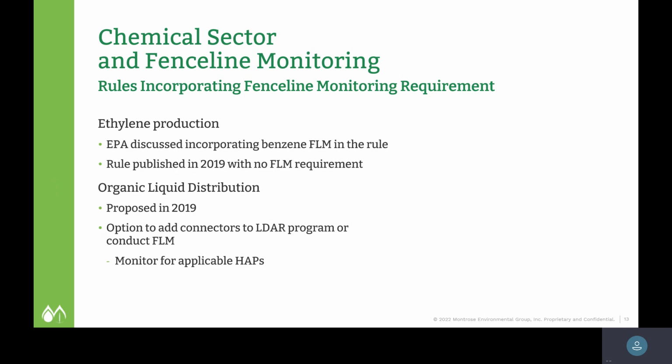A lot of discussion between the ethylene trade group and EPA, and that was actually removed when the rule was published in 2019. There was no fenceline monitoring requirement, but you can see EPA's desire to implement this as a tool to get more information and notify communities.